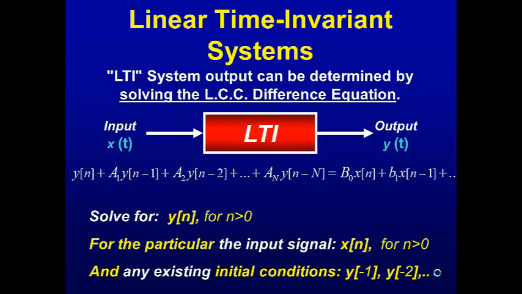Well, here in difference equations, I need to know previous values. Like, what was the previous value of the output at index n equals minus 1, and index n equals minus 2, and so on. So our initial conditions are simply initial values of the output at previous instances in time, starting at n equals minus 1 and moving back to however many we need.